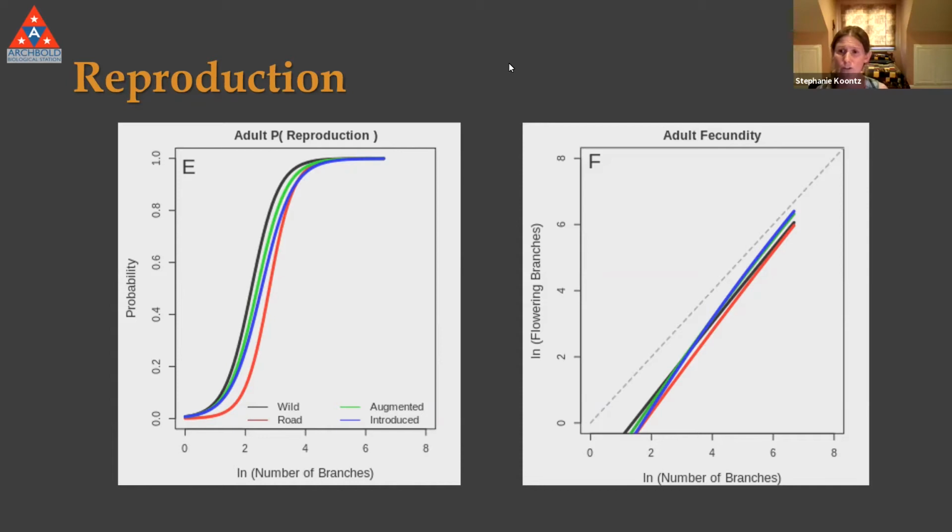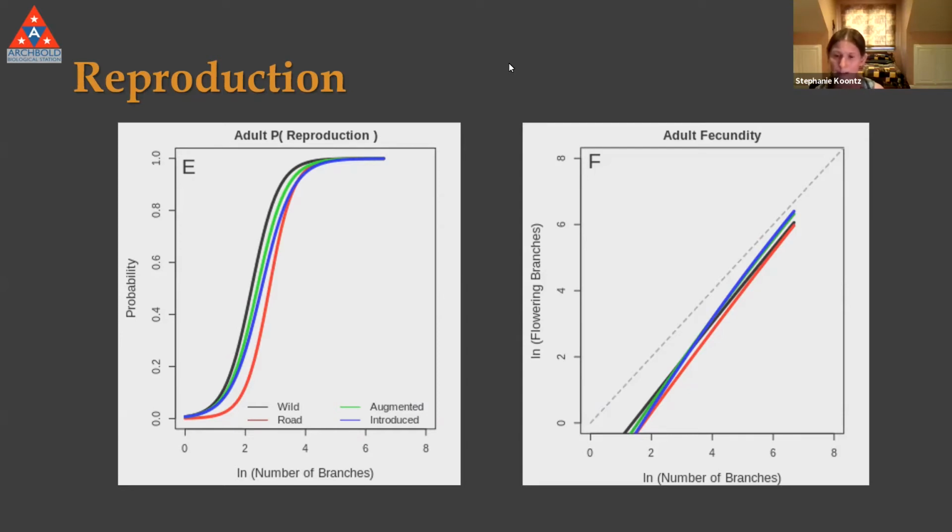If we look at the figure on the right, this is now fecundity. So this is the number of flowering branches in relation to the total number of branches that you have. In this case, that horizontal dashed line going across means 100% of your branches are flowering. So as we see, as you increase your total number of branches, you're increasing the number of flowering branches.